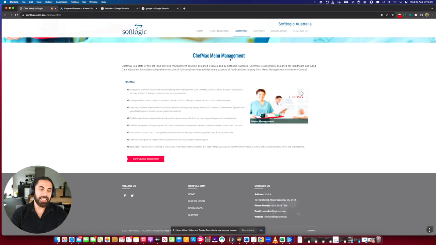So when I look at this, what I see is specifically the Chef Max menu management. It's a menu management system that restaurants can use, high-end restaurants, and they can take in just about any information that they need from the end user, being the customer, like allergies and dietary conditions and anything that would be required for a chef to know when submitting an order.